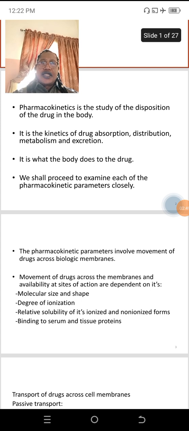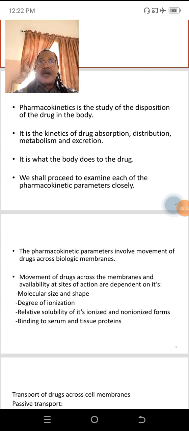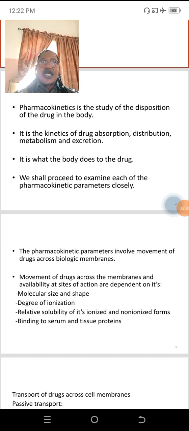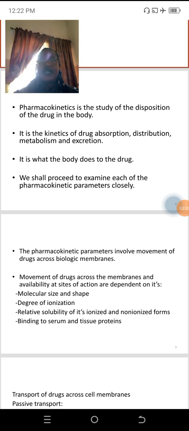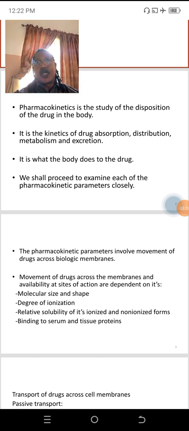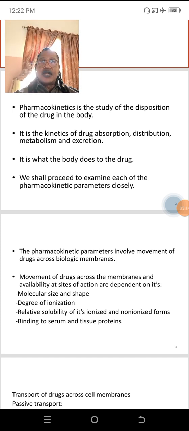We know that there are different membranes in the body, and the drugs, once they enter into the body, will have to pass through those membranes. Because of this, it is important that we refresh our memory about the structure of the membranes in the body.